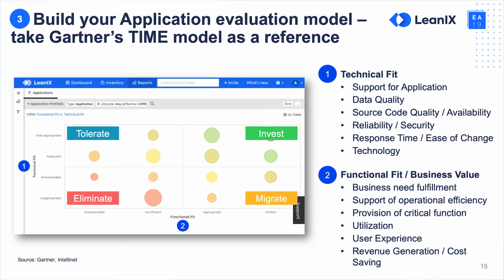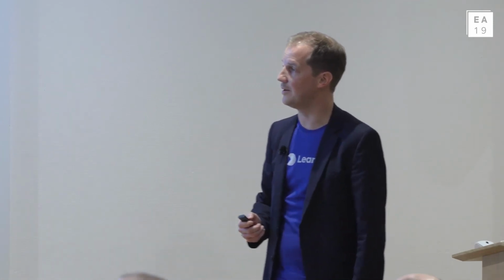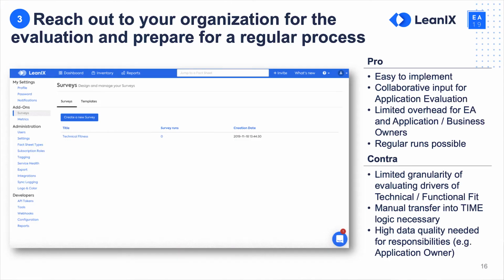So make use of the standard attributes that we deliver within the application fact sheet and ask: do we have a good technical fit? Do we have an excellent functional fit? Yeah, that's probably something where we should invest. So far, so good. The main question is, how can we reach out to our audience? And I want to bring in the survey as a functionality here, which is pretty easy to bring in. You do a survey to your community for the applications.